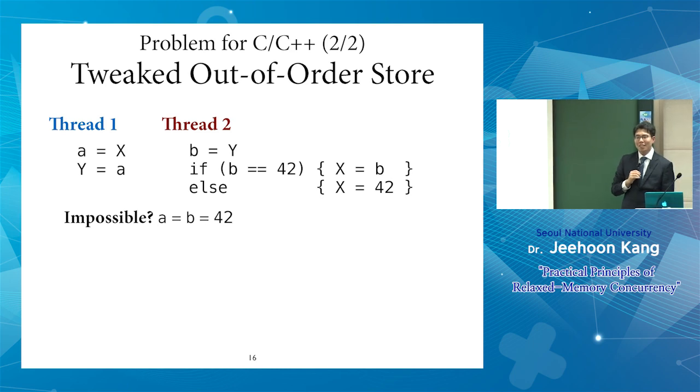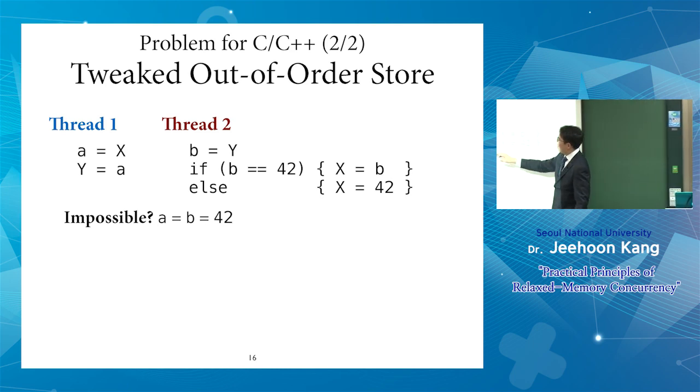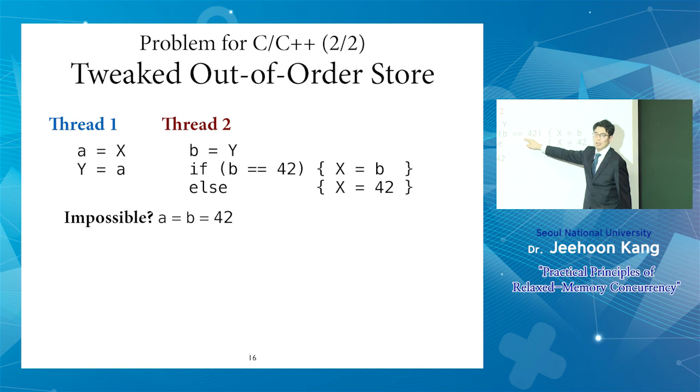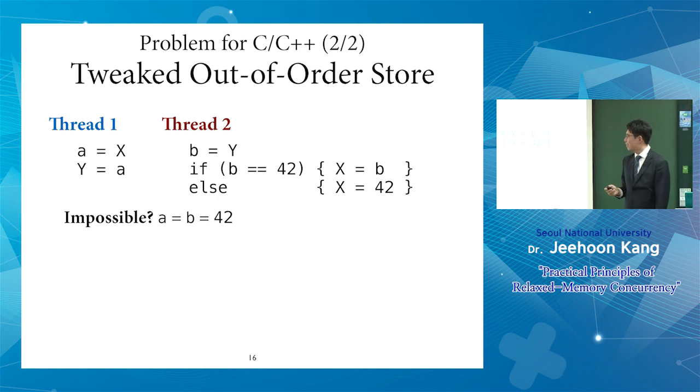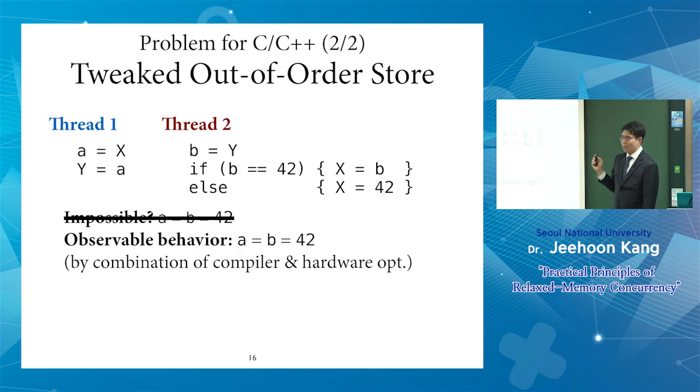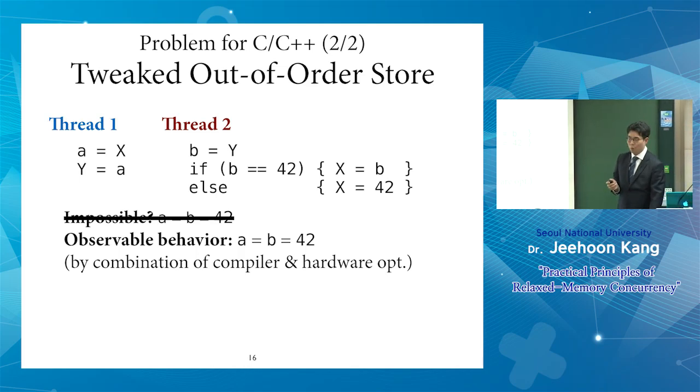You may think that it's impossible because for B to be 42, you are going to this branch and executing the instruction from the out-of-thin-air behavior. However, again, it is not how it works in the real world. Actually, you can observe this behavior if it is compiled with GCC and then run on ARM. Why?